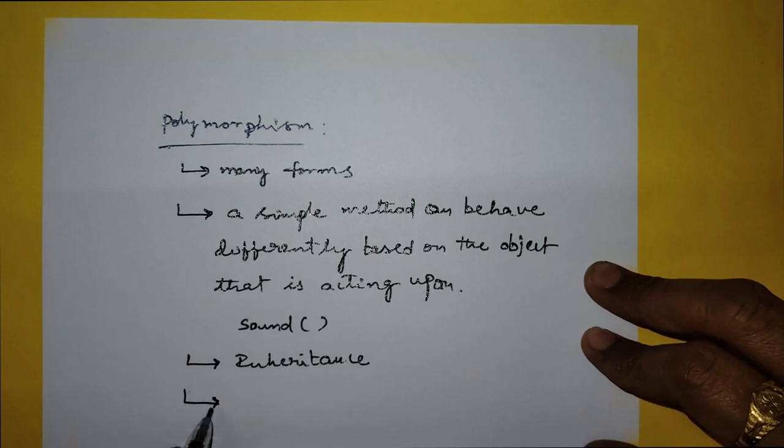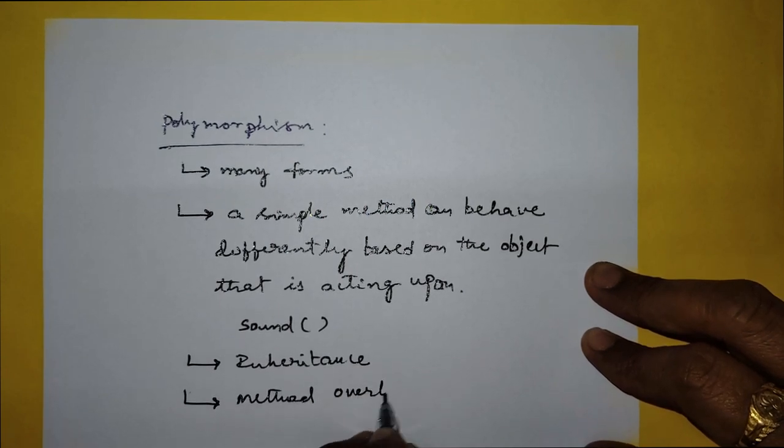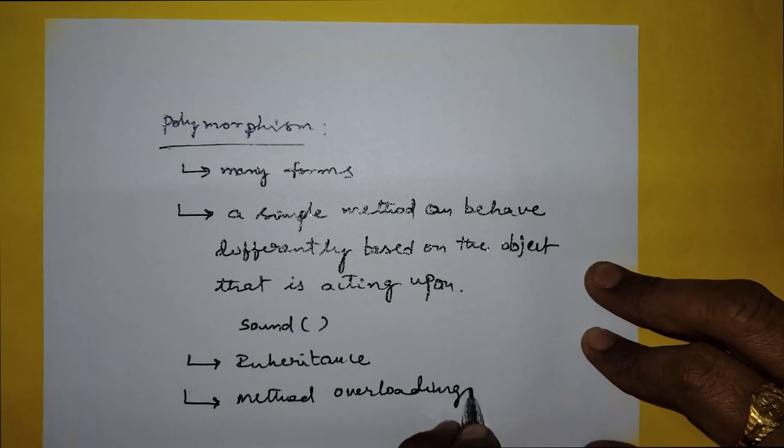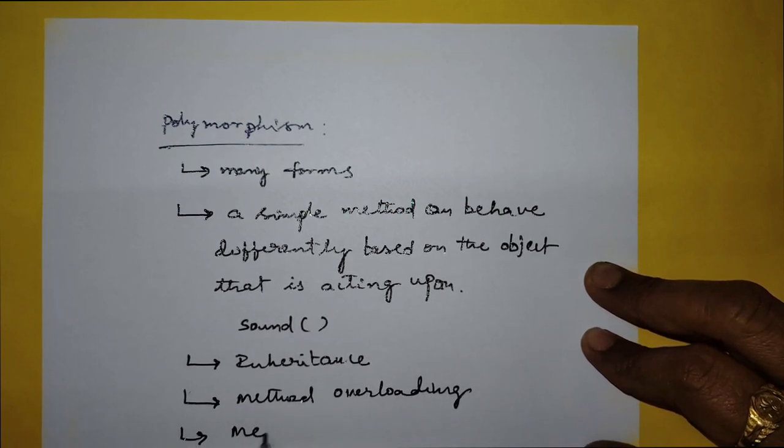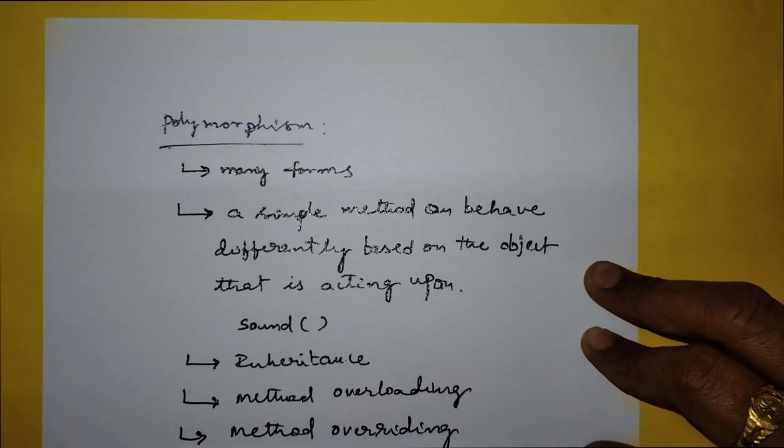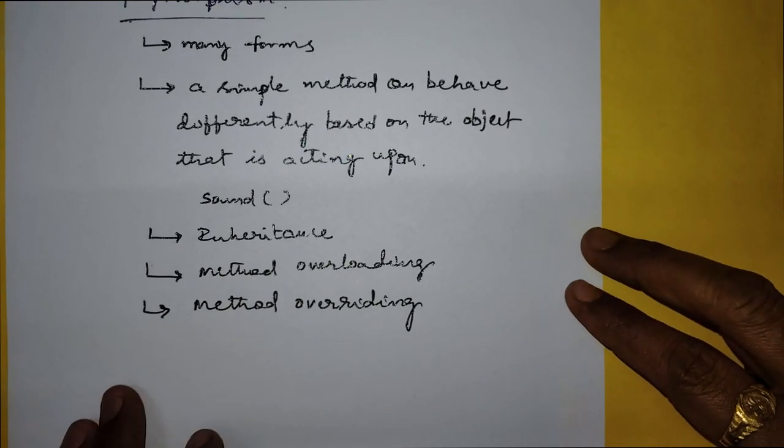And one more thing, there are two methods that can be used for polymorphism. One is method overloading and another one is method overriding. These are the two concepts.